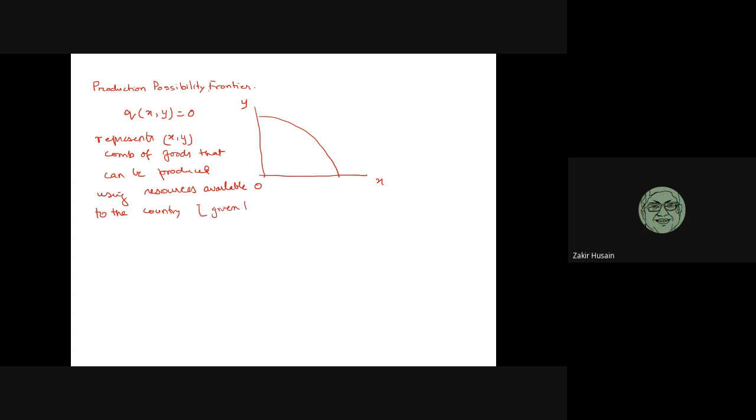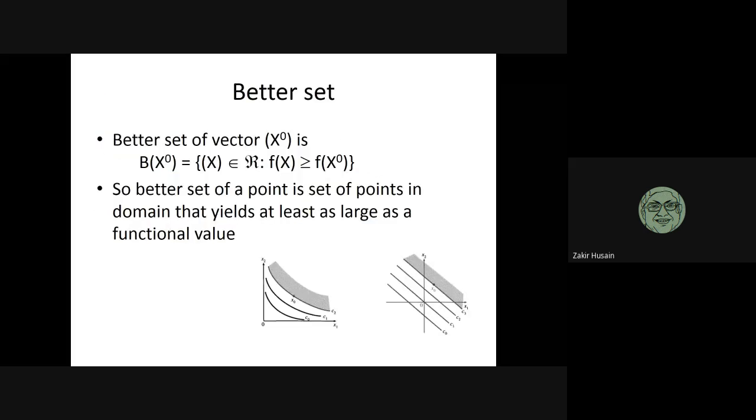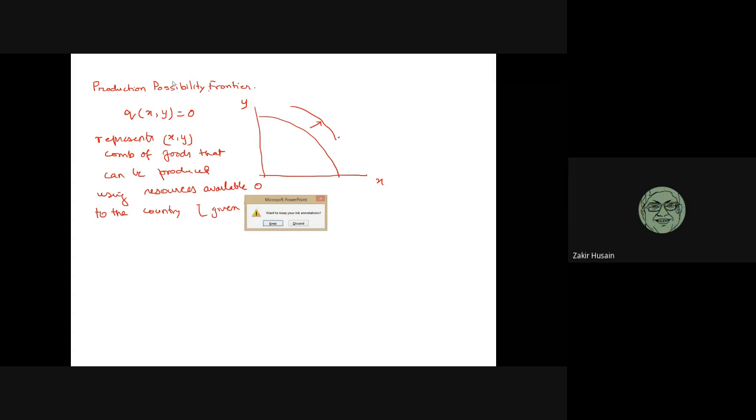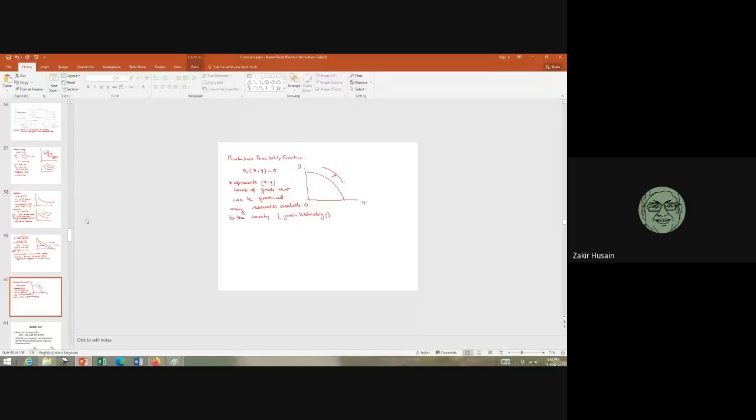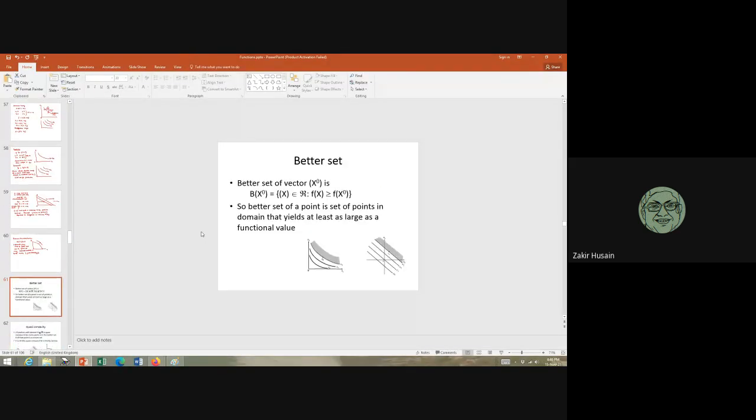Okay, because if the technology changes, the PPF, as we call it, will move out.